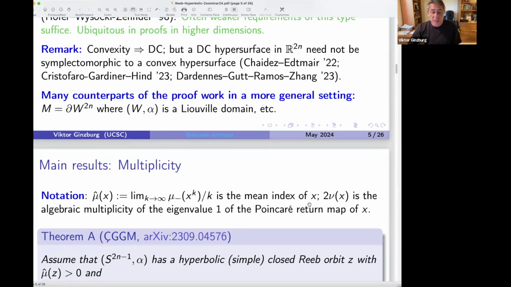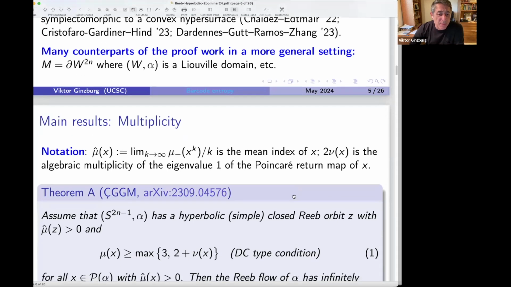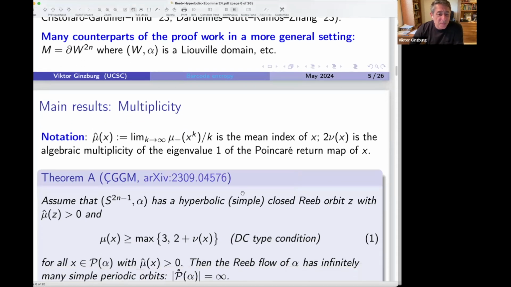And then I'll need the algebraic multiplicity. So assume that we have a Reeb flow on this standard contact sphere with a hyperbolic Reeb orbit Z, and it satisfies a very mild version of dynamical convexity condition.